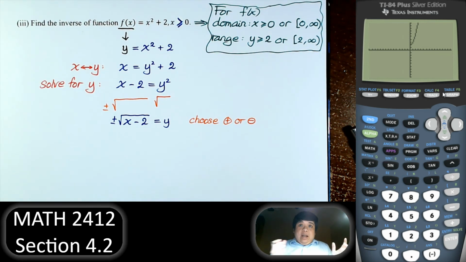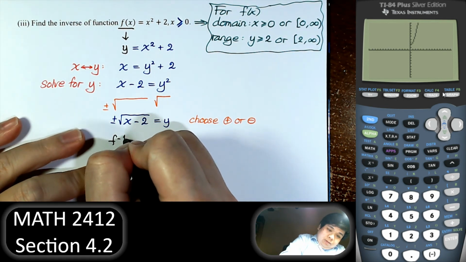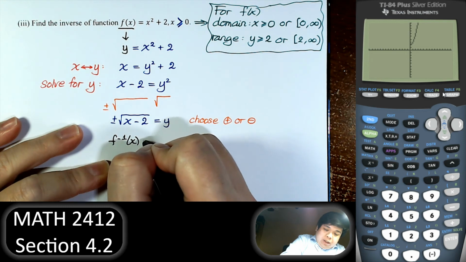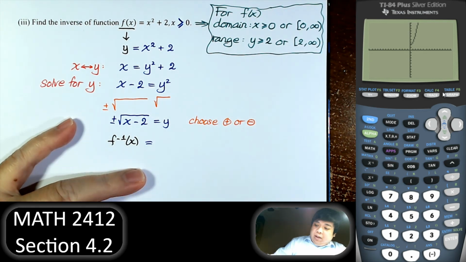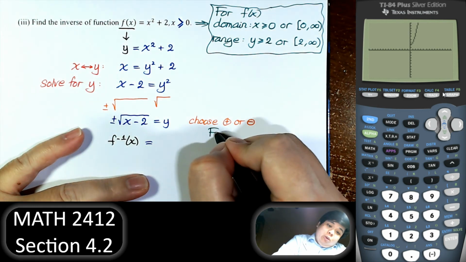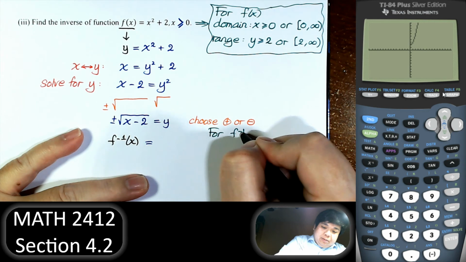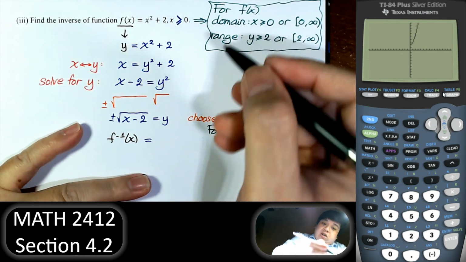Now, for the inverse, do we choose a plus or do we choose the minus? Well, one thing for sure, if this is the case for the function, we will know for sure for the inverse. The domain of the function is the range of the inverse.